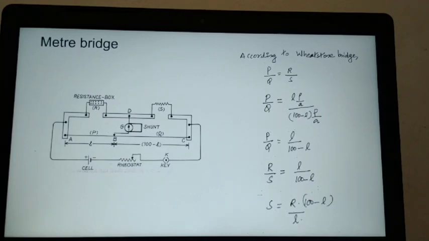When you keep the metallic contact B at the point A, you can see that the galvanometer deflects to one side, suppose to the left.